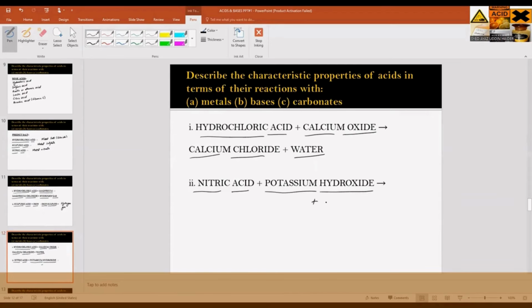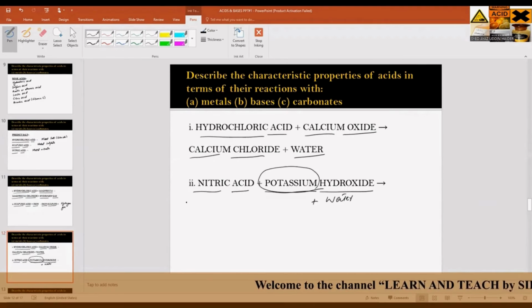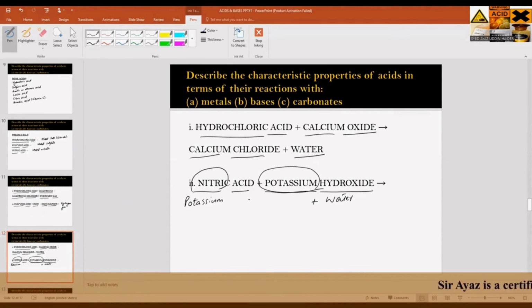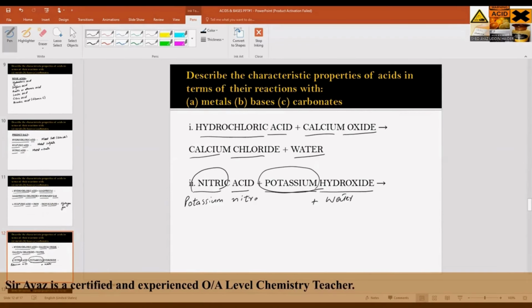So you can easily write water as one of the products. What about the salt produced? The name of the metal is written here, so you'll write potassium. The acid is nitric acid, so in case of nitric acid, you will get nitrate. So potassium nitrate is the salt produced here.